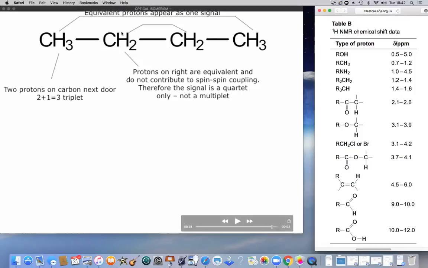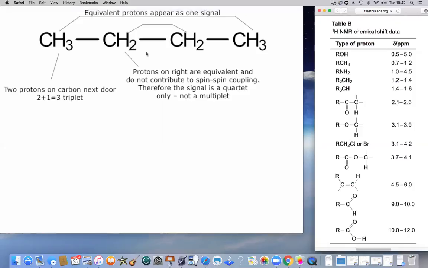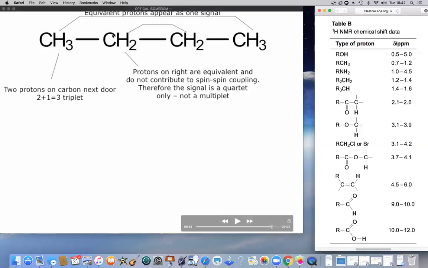Okay, when we consider the protons on carbon 2, what you have to bear in mind is that these protons here are equivalent to these protons here, and equivalent protons do not take any part in spin-spin coupling. So these protons on the left are not equivalent to these, so they will take part in spin-spin coupling.